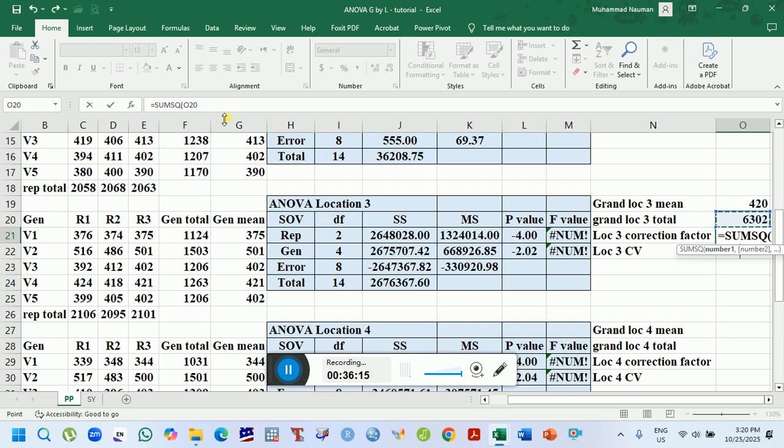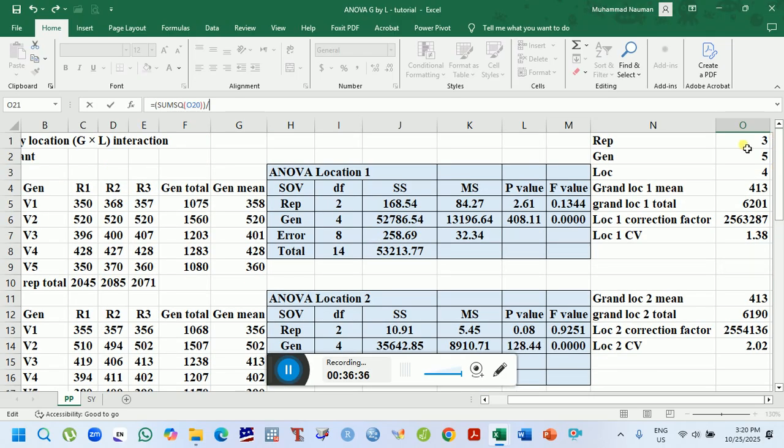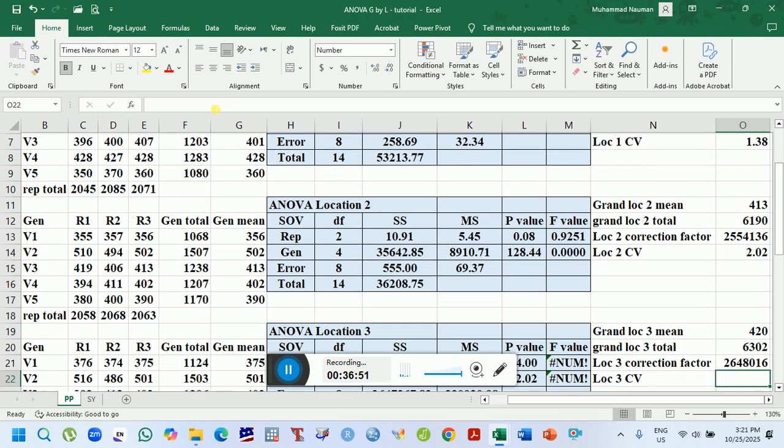Another bracket to enclose all this term and divide it by the total number of observations, that is replication multiplied by the number of genotypes. Press enter.